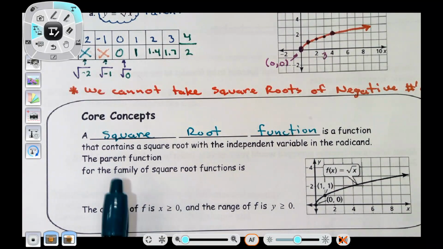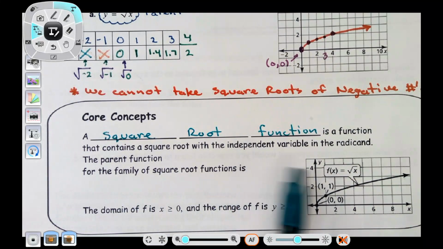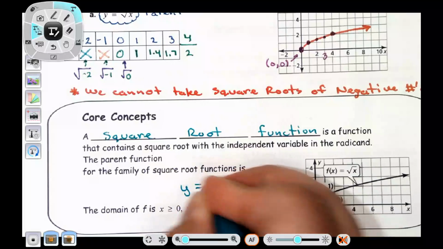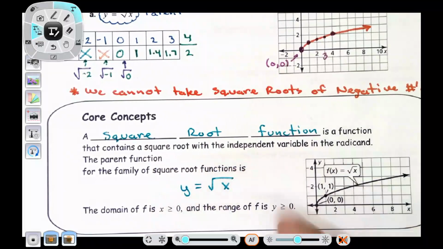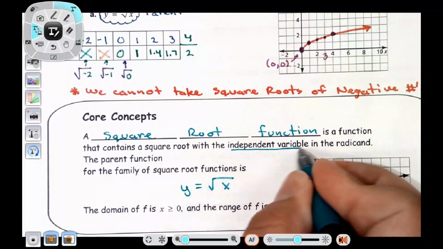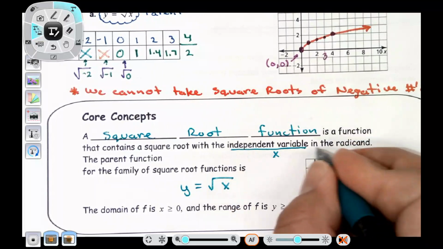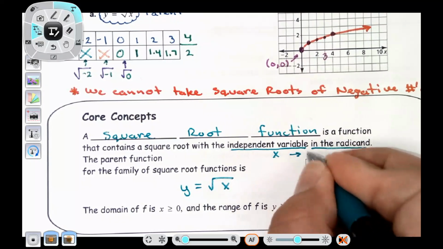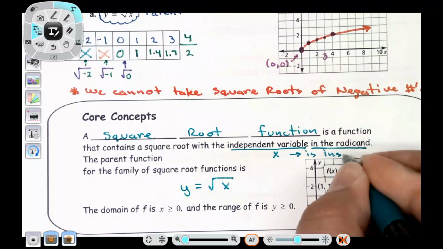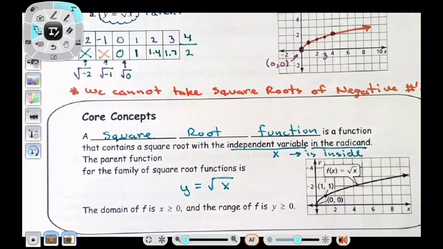The parent function for the family of square roots is y equals the square root of x. So that's what they mean by the independent variable. X is in the radicand, is inside, right? So that's what they mean.